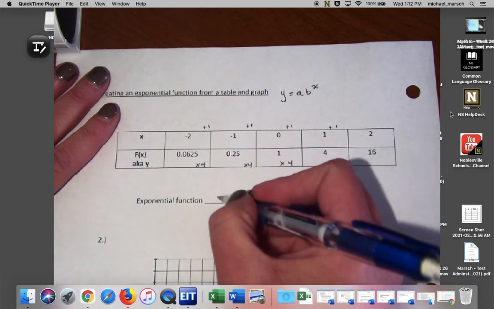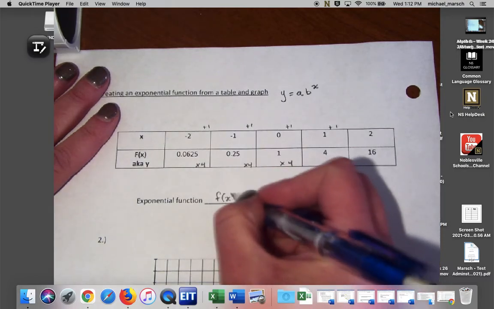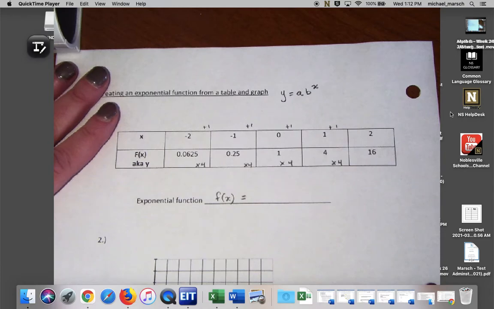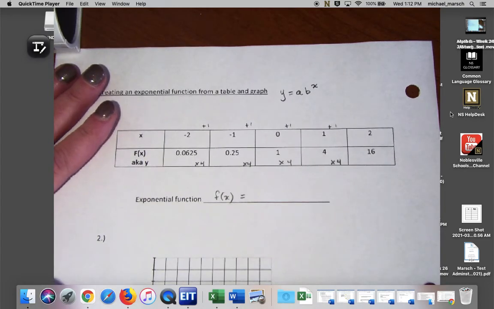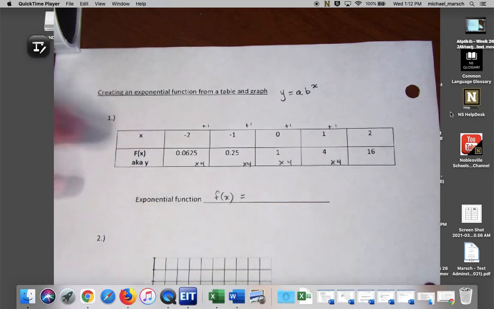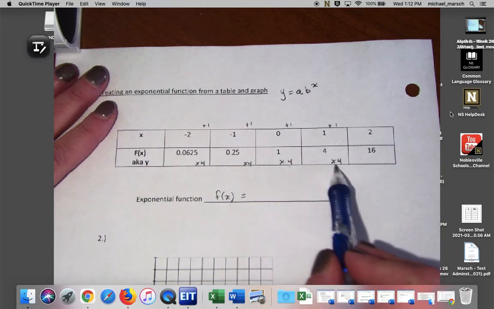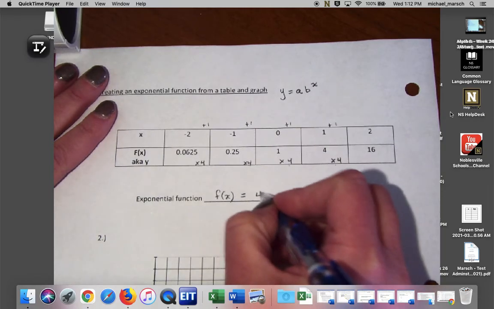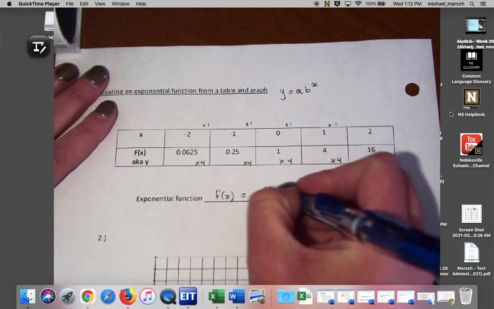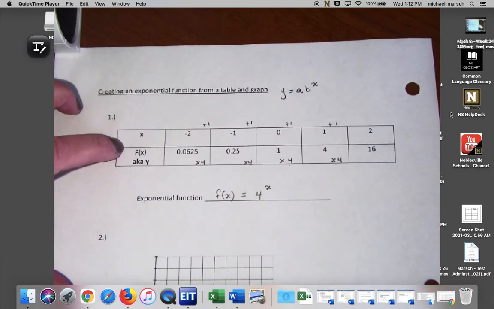So our exponential function is going to be f of x equals... we don't have an a value. There's no a value, so we don't have to put a 1. This times 4 is going to be my b value. And then x is just going to be whatever my x value will be.